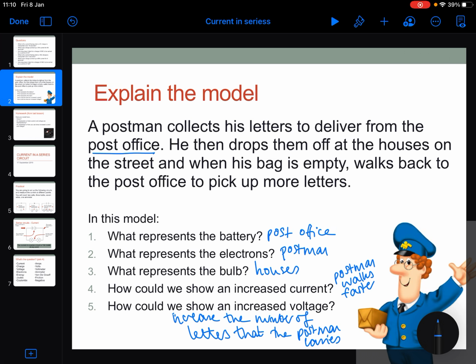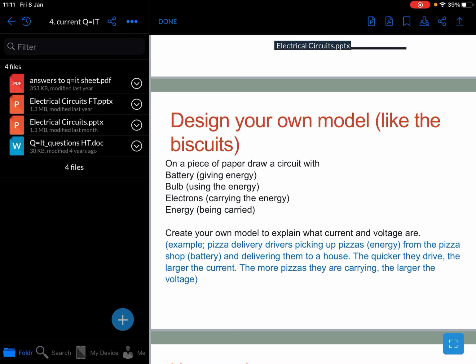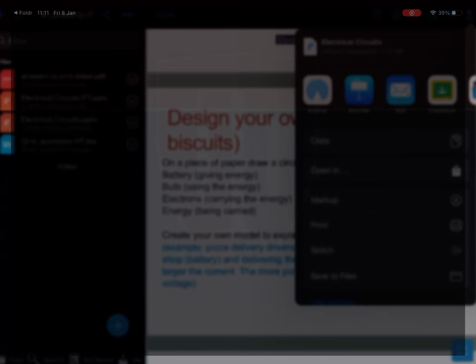Now the reason I'm talking about this is because I'm going to get you to make your own model. Now here they've just written it, but I'm going to get you to actually illustrate a model. So I'm just going to go on to another PowerPoint here. Let's just open this in Keynote. Okay, lovely.